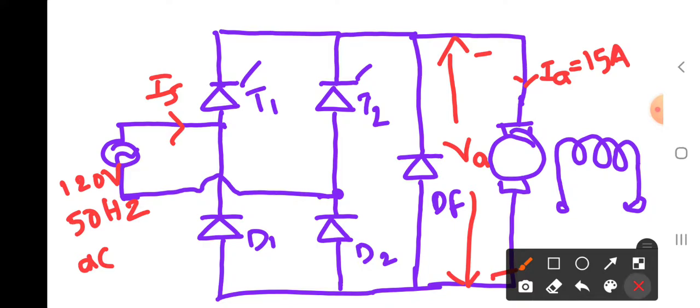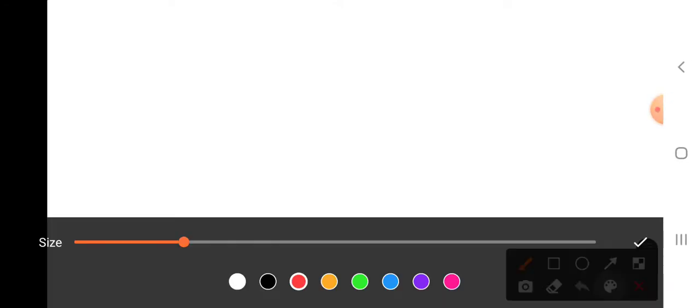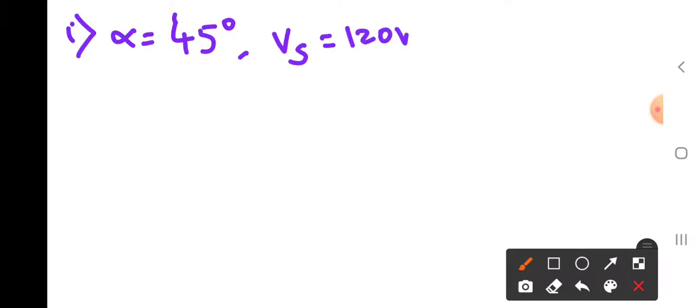So first we find VA, with alpha equal to 45 degrees and source voltage 120 volts RMS.